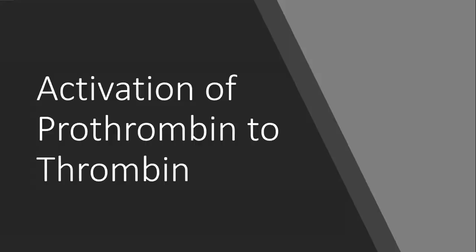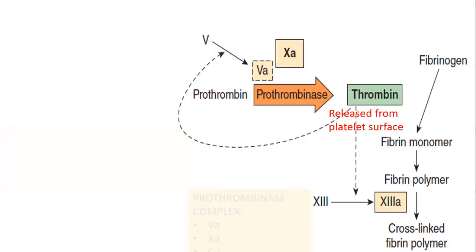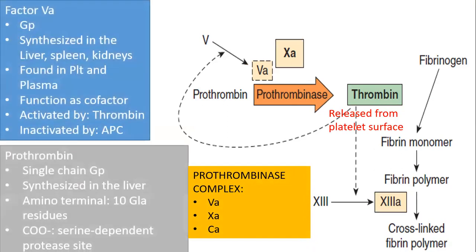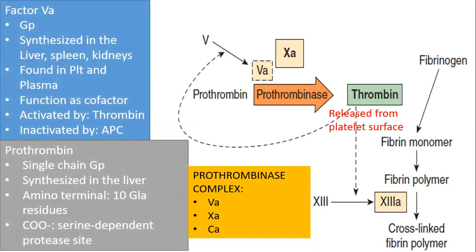So next would be the activation of your prothrombin to thrombin. Activation of prothrombin to thrombin requires the association of your prothrombinase complex. The prothrombinase complex is composed of your clotting factor 5A as well as your 10A.